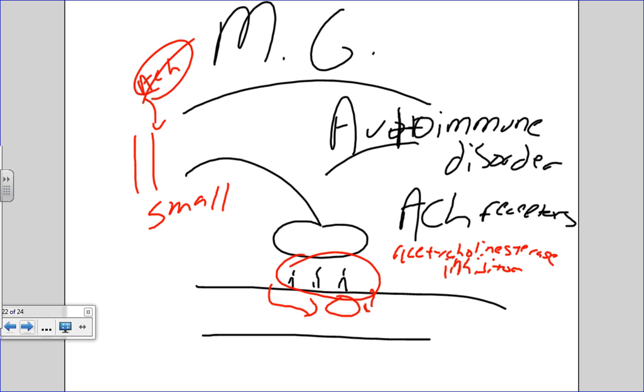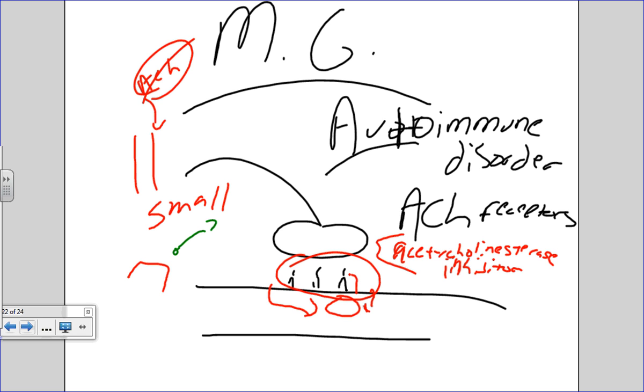Remember the function of acetylcholinesterase. These enzymes are found near receptors. Remember, these enzymes unbind chemical messages from receptors.